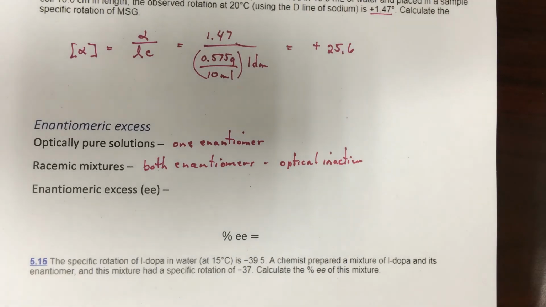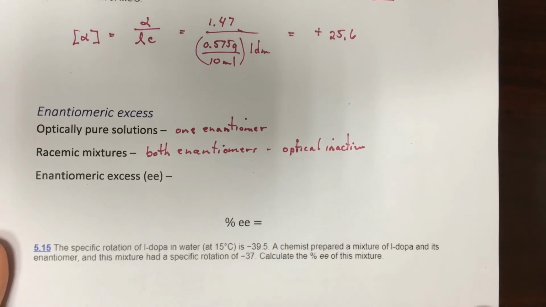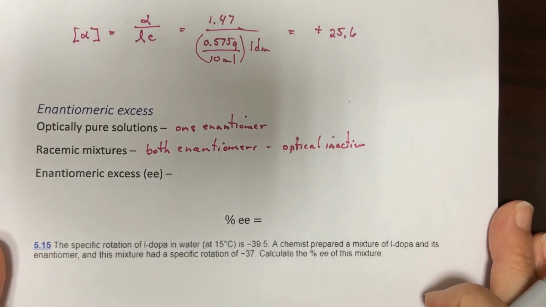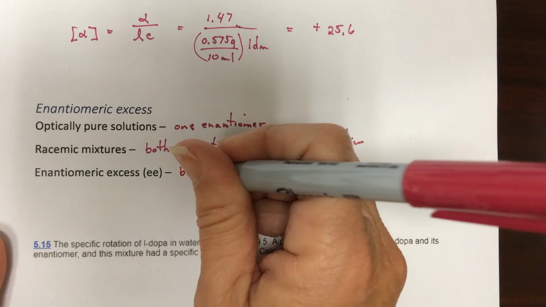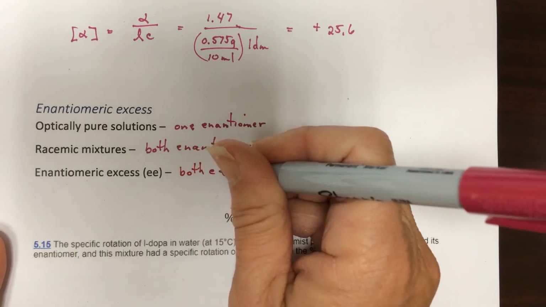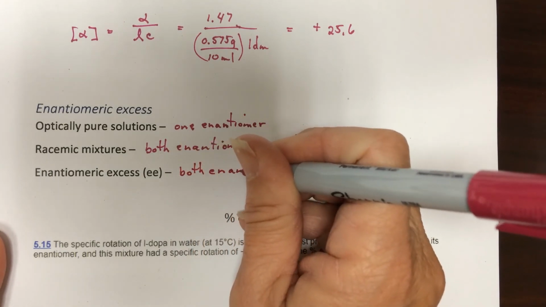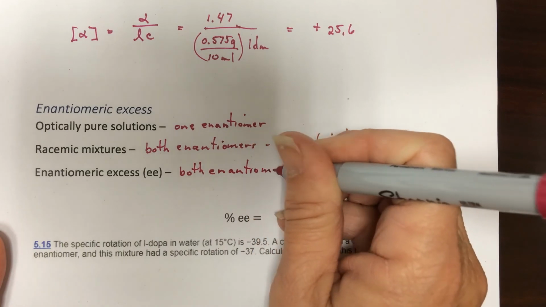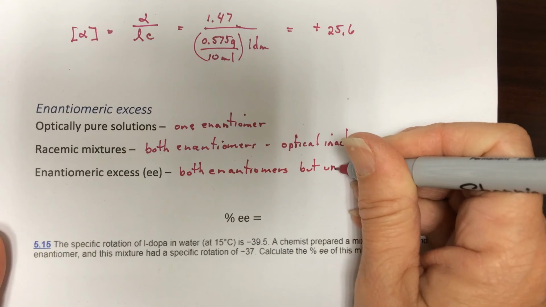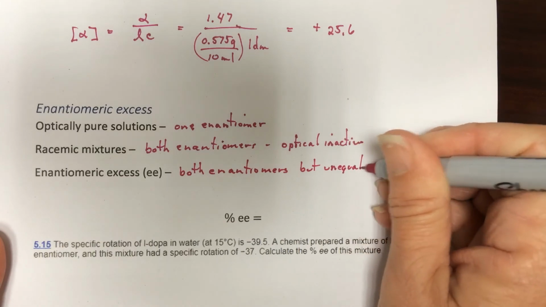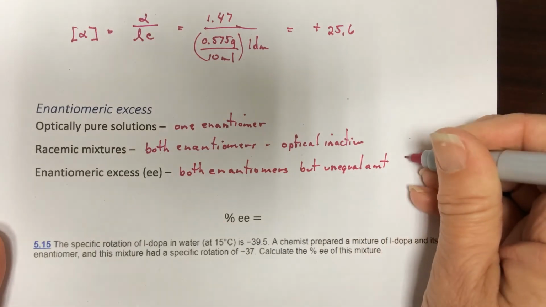Sometimes when we have reactions, we'll produce an enantiomeric excess. We'll have more of one. So we have both enantiomers, but we have them in unequal amounts. Both enantiomers, but unequal. And this will be optically active.